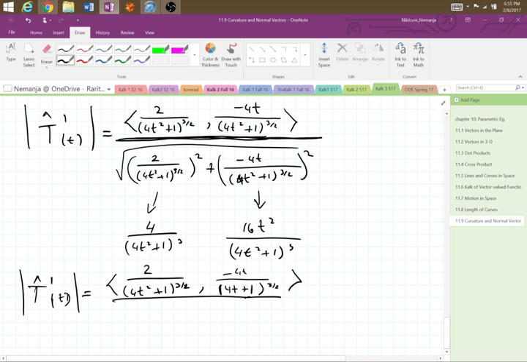So what do I have? I have square root of, that should be a t.